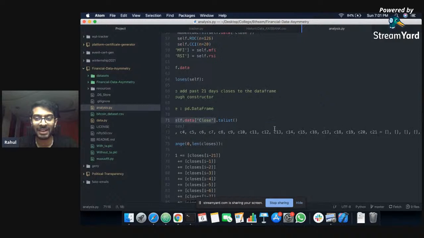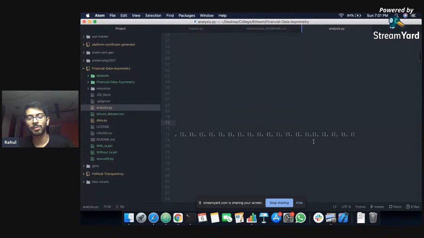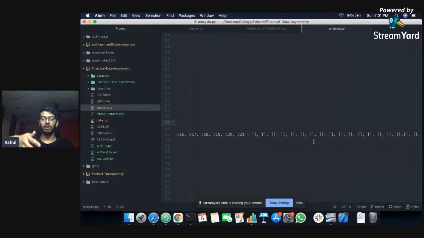And then I'm defining 21 empty lists. The reason I'm doing this is because I want to be able to store the values. So for every column, what's going to happen is that for every row, I'm going to be storing the past 21 days data. And then similarly, I'll have to store it for multiple days, right? So to ensure that I can do that, I'm introducing lists.